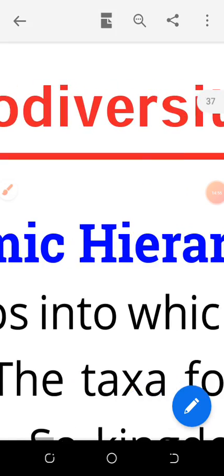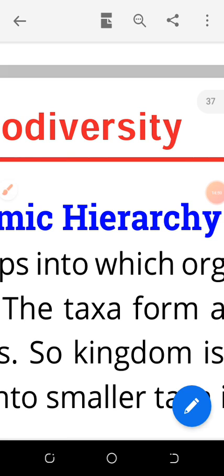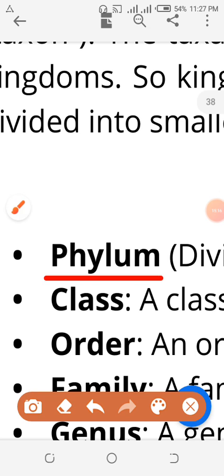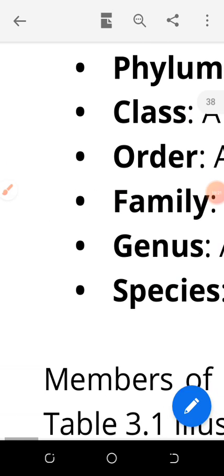If you do not speak in sequence, your whole classification goes wrong. I can classify humans, Brassica, maybe Rosa indica, but I will classify only those animals which are in your textbook. So we start from the largest taxon and go to the smallest taxon.